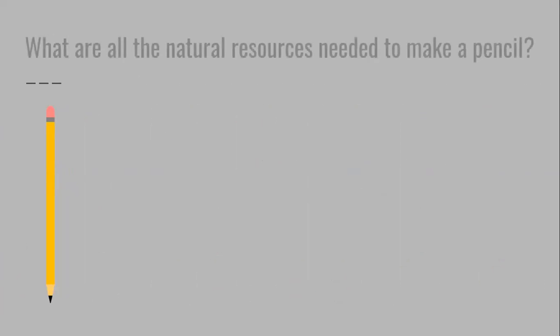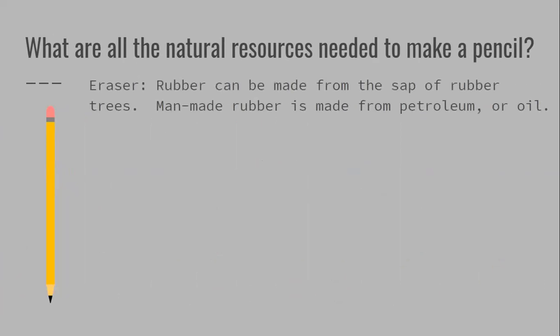Now let's look at this pencil. What are all the natural resources needed to make a pencil? Let's think. Let's look at the eraser first. The eraser is made of rubber, which can be made from the sap of rubber trees.